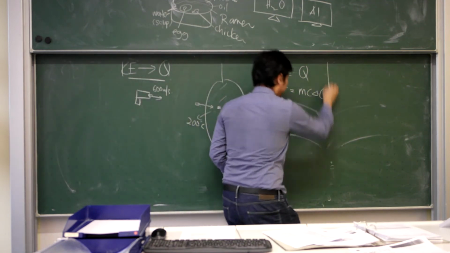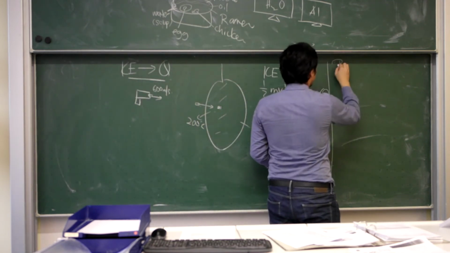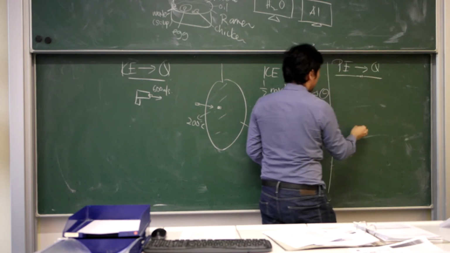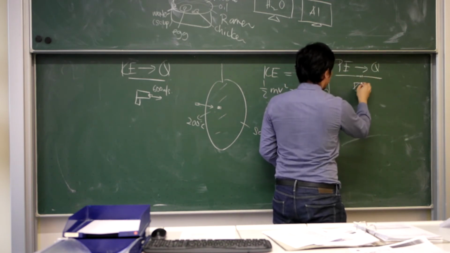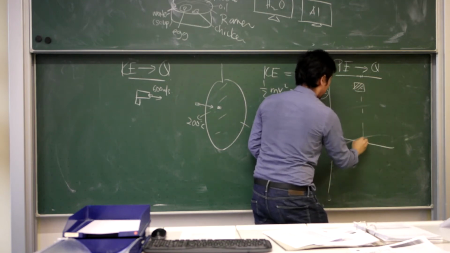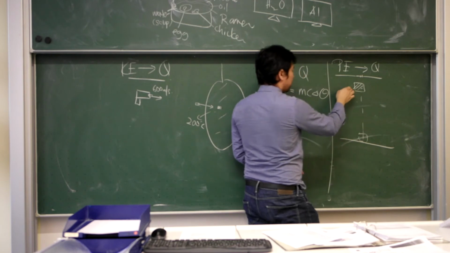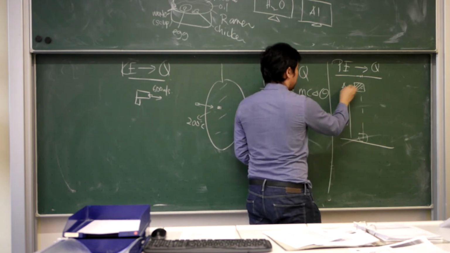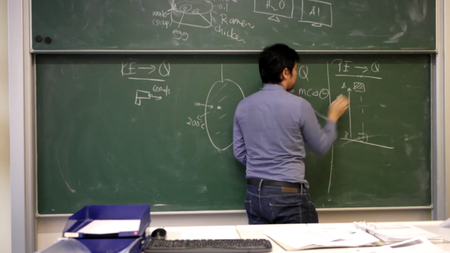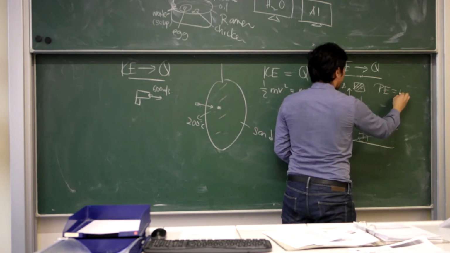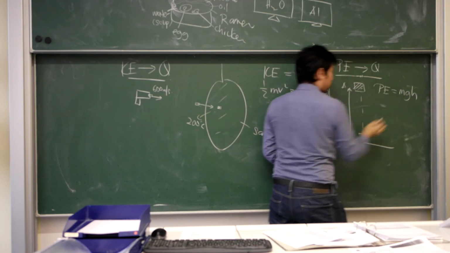Another example: you can also convert from potential energy to Q. Let's say you have this particular object and you drop it from that height down. At this position, what energy does it possess? PE, good. So the potential energy equation equals what, guys? mgh, right?